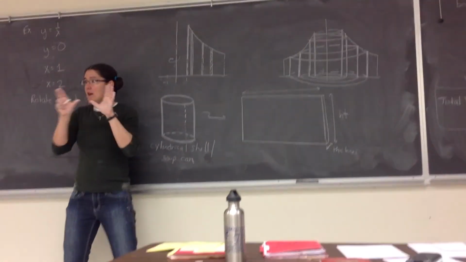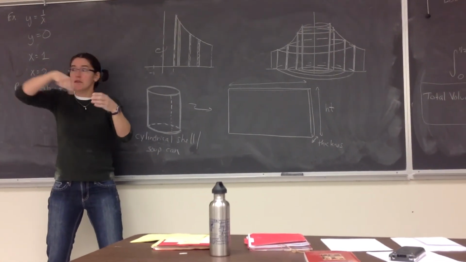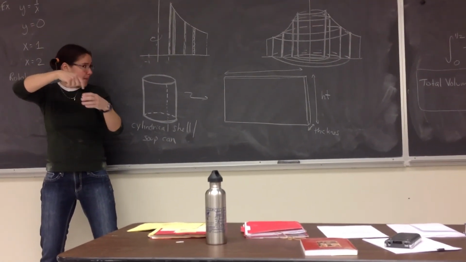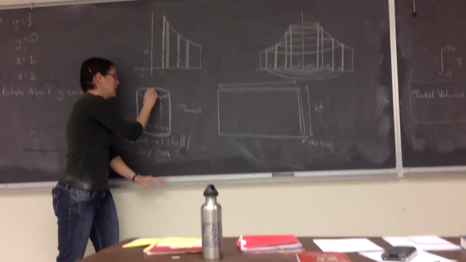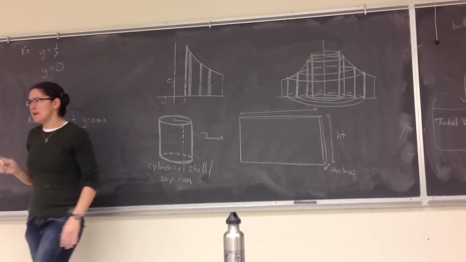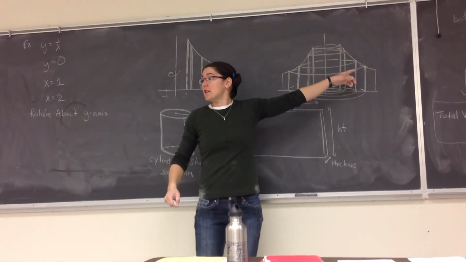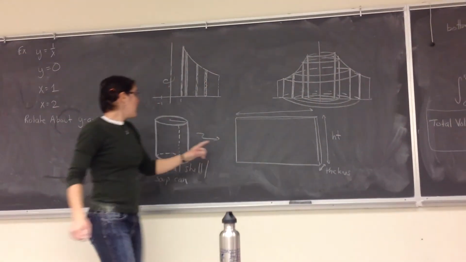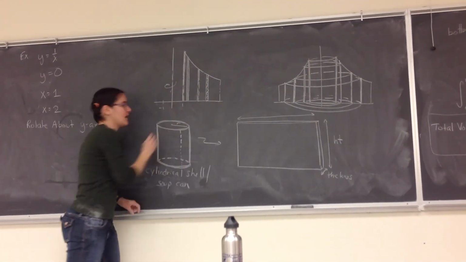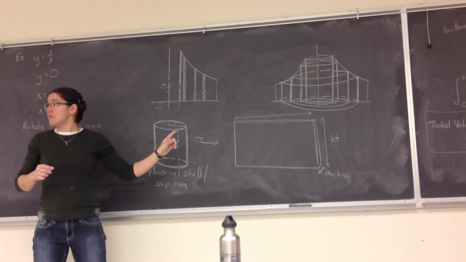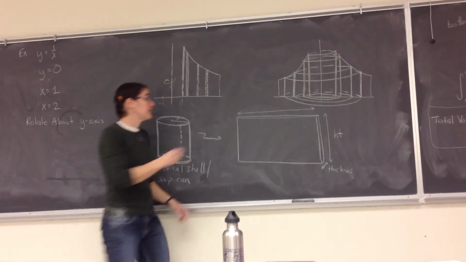If I wrap it back up, it was the circumference of my shell, 2 pi r. I'm not really sure what my radius is precisely, because each of these shells has a different radius. But if I describe this shell with a radius of r, then the circumference of that is going to be 2 pi r.